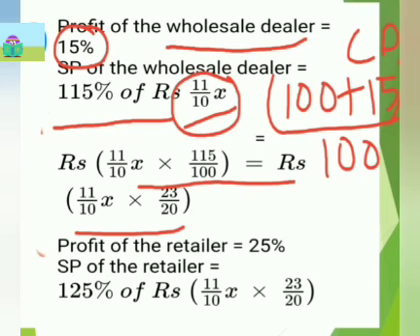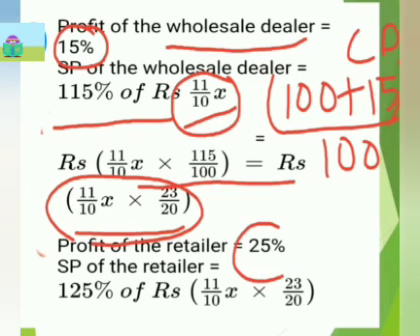Now the wholesaler sold it to the retailer. Now for the retailer the CP will be this, 11 upon 10 X multiplied by 23 upon 20. This is the CP for the retailer and he is gaining a profit of how much? 25%.